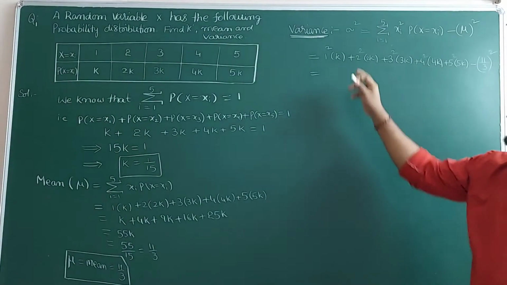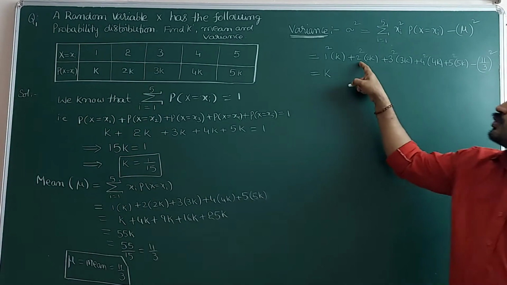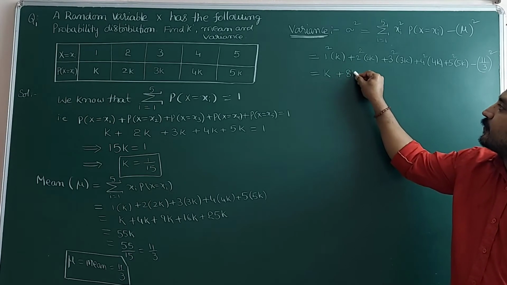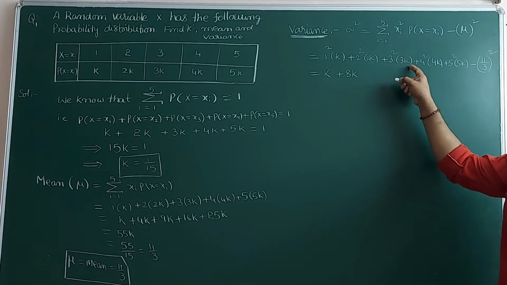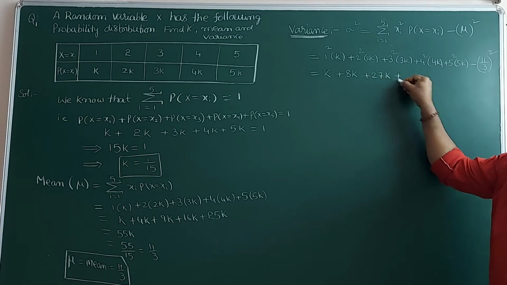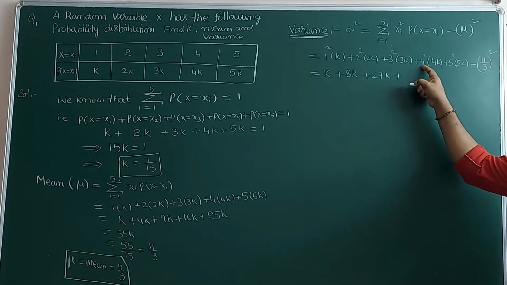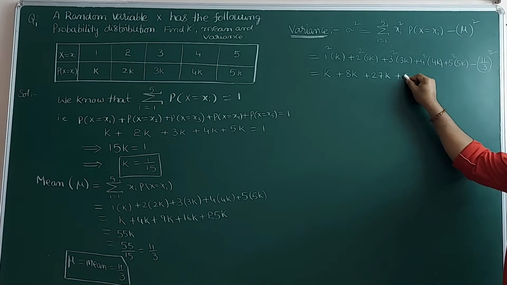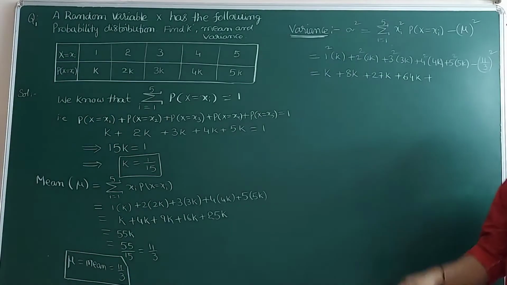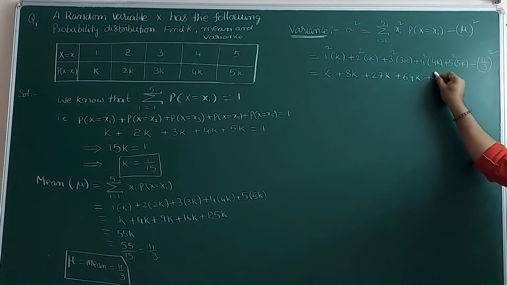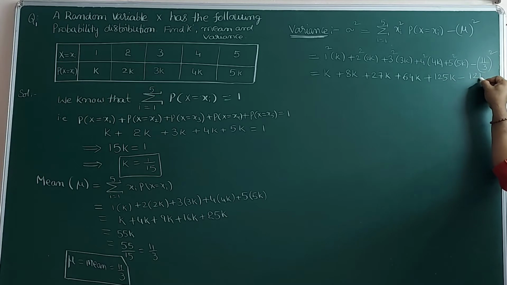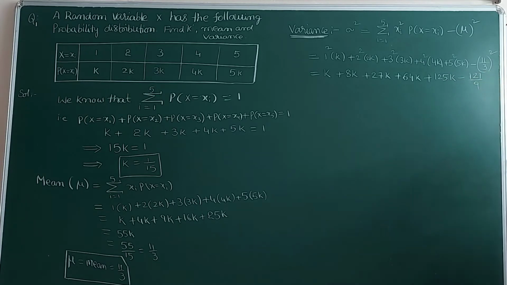1 square is 1 into k, 2 square 4 into 2k, 8k, 3 square 9 into 3k, 27k, 4 square 16 into 4, 64k, 5 square 25 into 5k, 125k, minus 121 by 9.